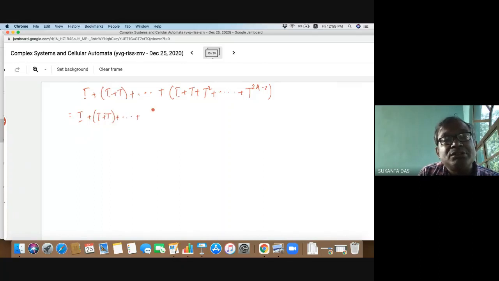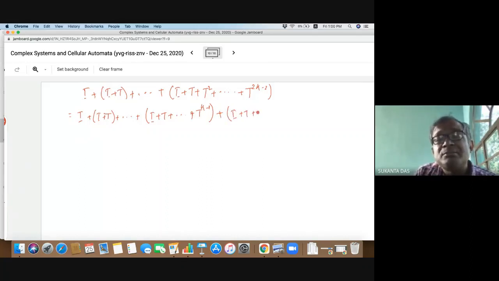Here one term will be there, I plus t plus dot plus t to the power k minus 1. Then I'll get another term, I plus t plus dot plus t to the power k, right?